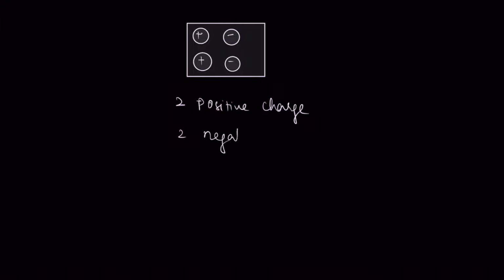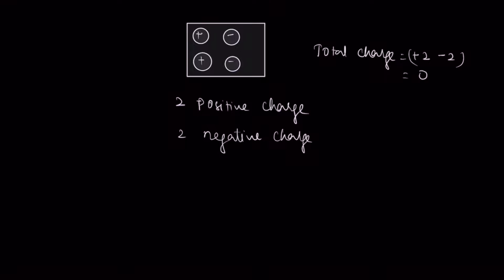if we take any object and this object has positive charge and negative charge of the same amount, as you see in this figure, we have two positive charges and two negative charges. So the total charge will be plus 2 and minus 2, so it is equal to 0.